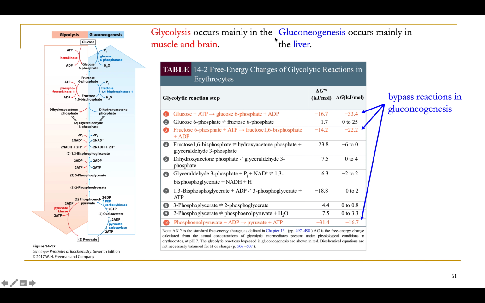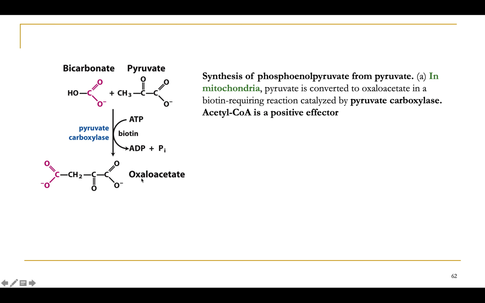However, tissues like liver, renal cortex, or the epithelial cells of small intestine, which can produce de novo glucose, run this gluconeogenesis pathway. They have these enzymes catalyzing bypass steps.